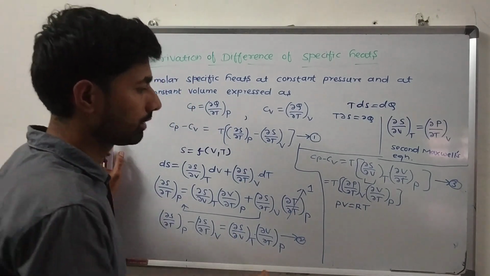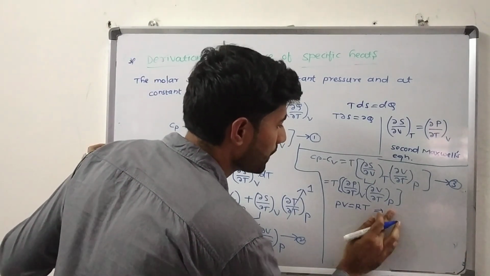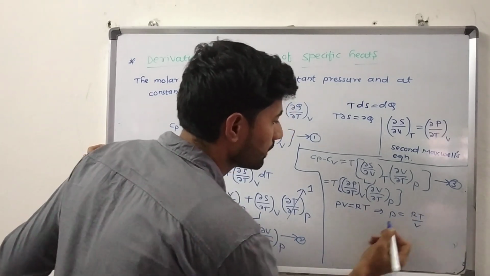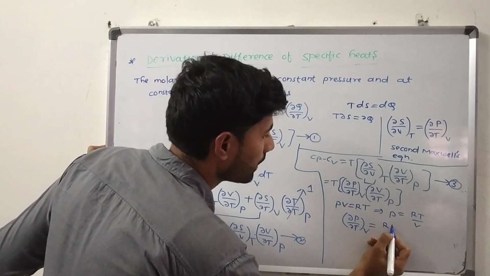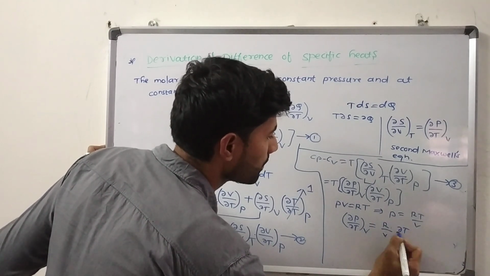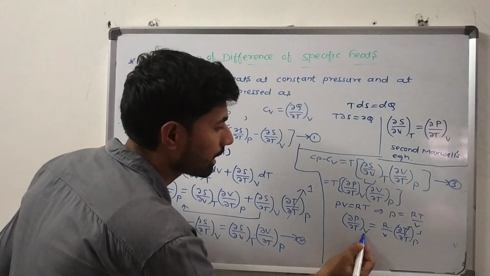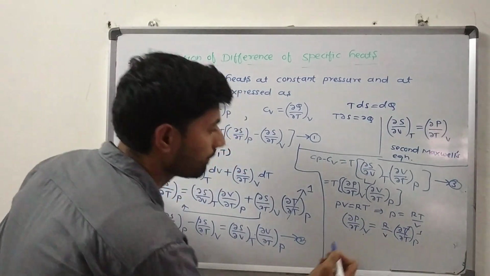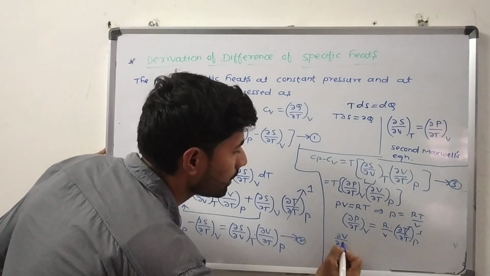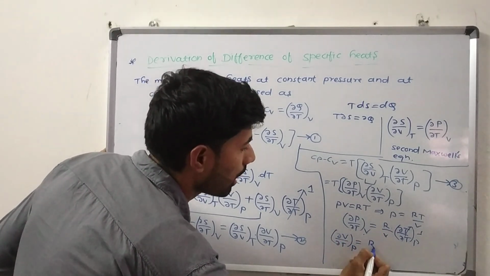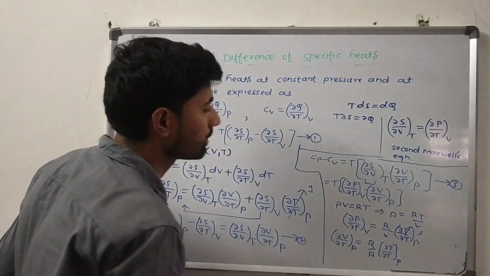We are going to differentiate this equation, firstly with respect to T at constant volume. P equals RT by V, then ∂P/∂T at constant volume V equals R by V into ∂T/∂T, which becomes 1. So ∂P/∂T at volume V is R by V. Similarly, differentiating with respect to T and taking pressure as constant, V equals RT by P, so ∂V/∂T at constant pressure P equals R by P into ∂T/∂T, which is 1.